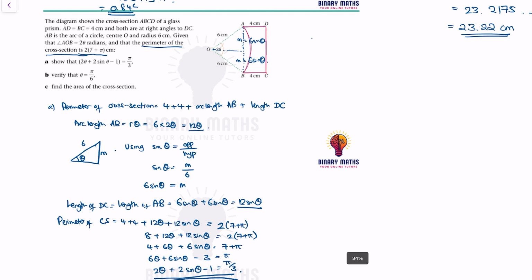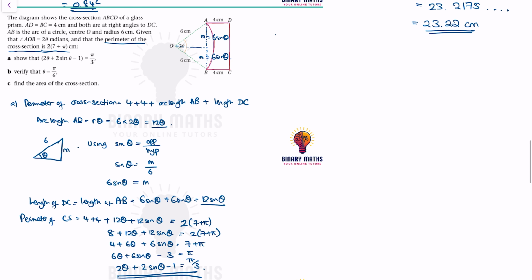Okay. It says verify that theta is equal to pi over 6. So all I need to do is substitute theta is equal to pi over 6 into 2 theta plus 2 sine theta minus 1 is equal to pi over 3.